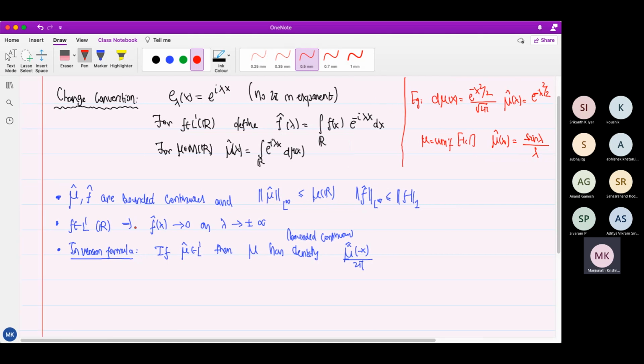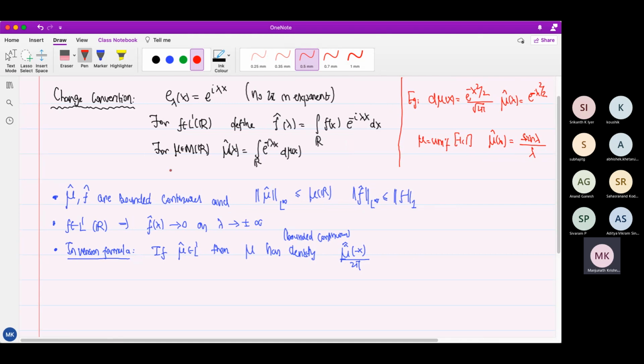So I will not be repeating everything, but let me write a few things so that these things are in place. So this is true. And similarly, if f is in L1 and f hat is in L1, then f of x is f hat of minus x over 2 pi almost surely.